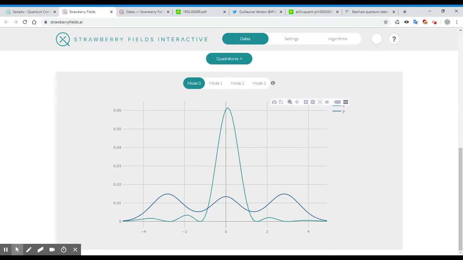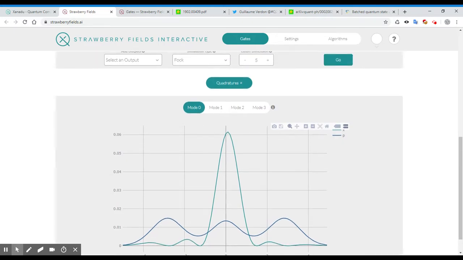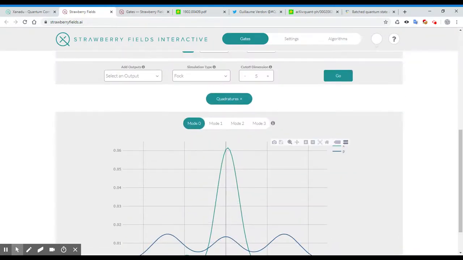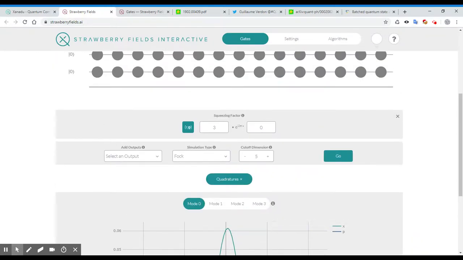Should I first squeeze and then displace? 4, 5, 6.